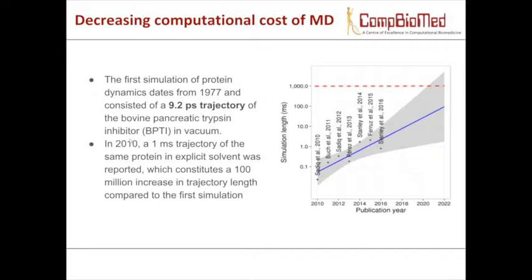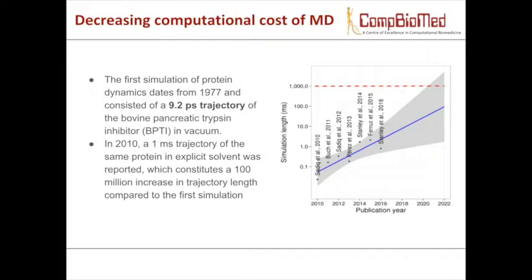And in comparison, in 2010, a 1 millisecond trajectory of the same protein in explicit solvent, whereas the previous trajectory was in vacuum. It was only the atoms of the protein there. But this millisecond trajectory is usually with a box of water molecules that go around the protein to better simulate the environment that the protein has.